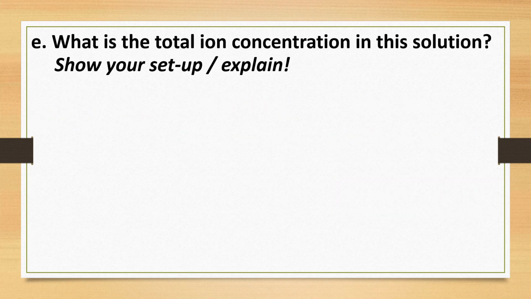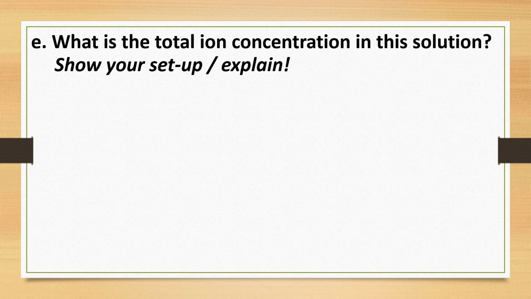Now let's dig a little deeper into the particular molecule that we're talking about. We just made a solution with a particular solute, and now we want to know the total ion concentration in this solution. So what is ion concentration? All your molecules are made with positive ions, called cations, and negative ions, called anions.